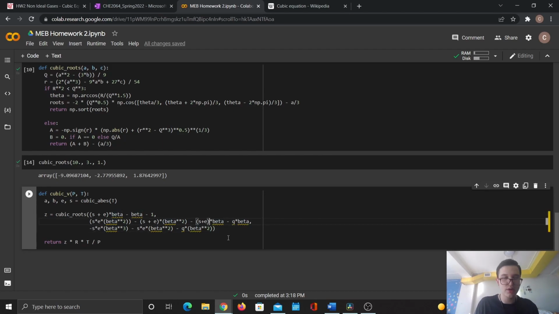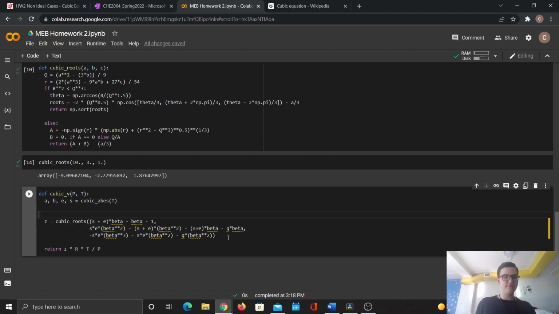Awesome. I am going to get rid of these because they're unnecessary. Okay, that is much better. So we have z. We are missing two important unknowns here, so we need beta.